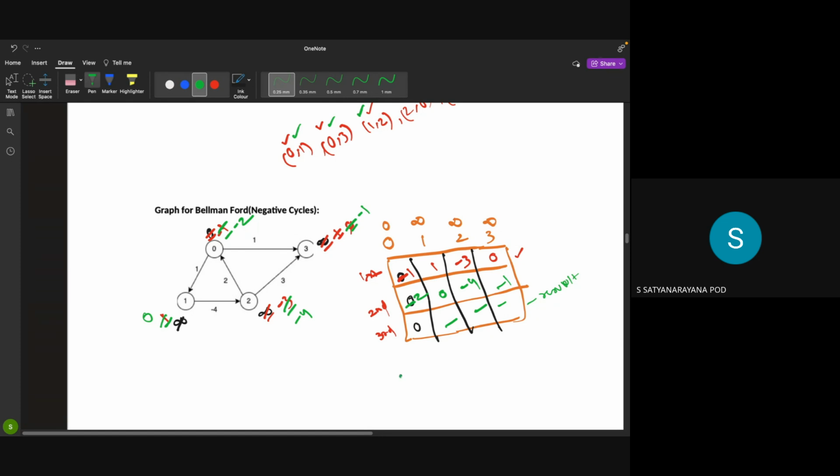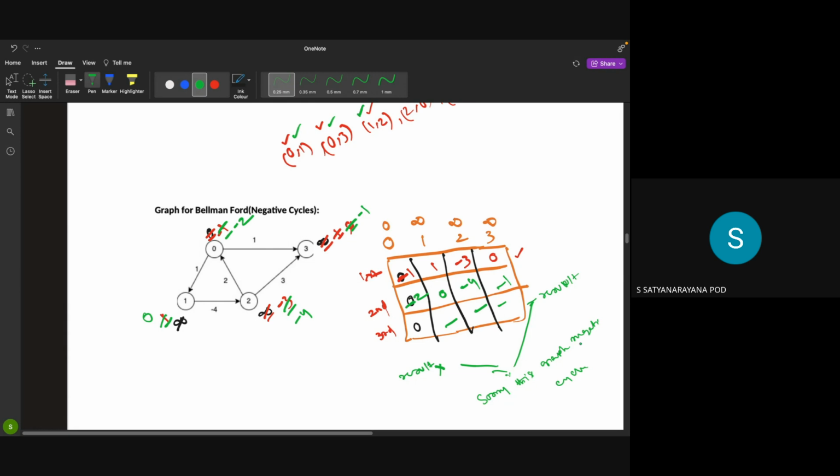Then you get some result X. These two we are comparing. If these two values are not the same, you say that this graph is having negative cycles. This can be detected by Bellman Ford.